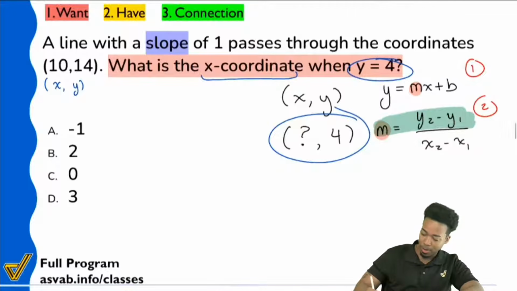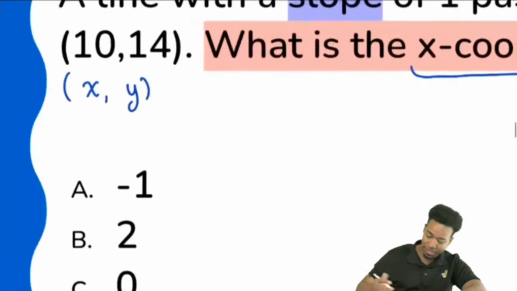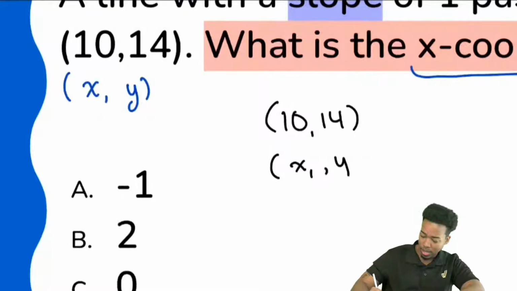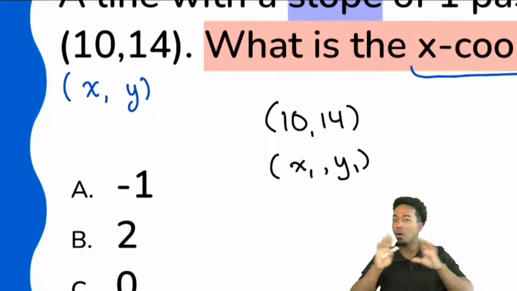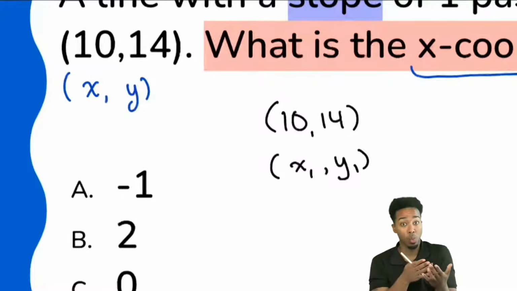That's why this is the better one, because if I have 10 comma 14, I can pretend that this is my x1 and that's y1. All the 1 means is that this is my first x and my first y.